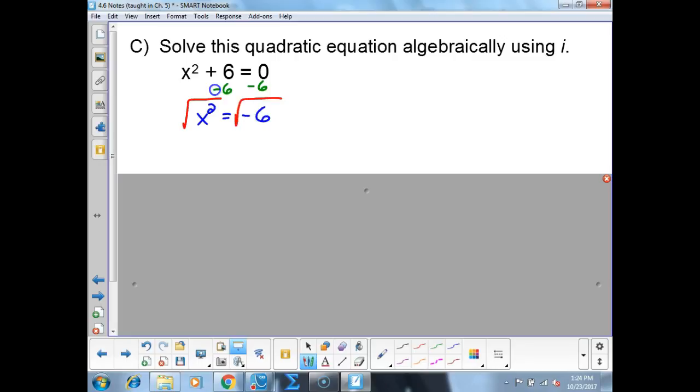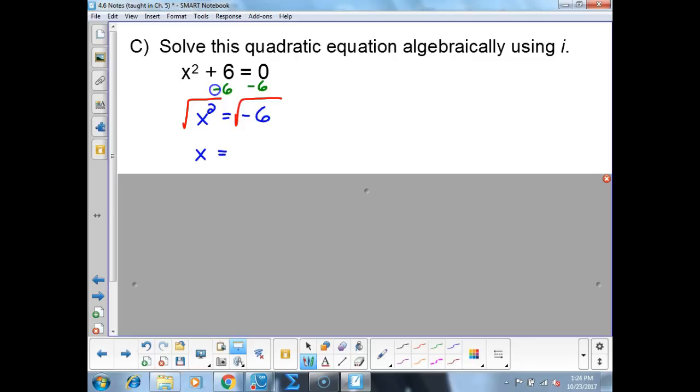So the left side's going to give me x. The right side is going to give me what? What's the left or the right side going to give me? I square root 6?